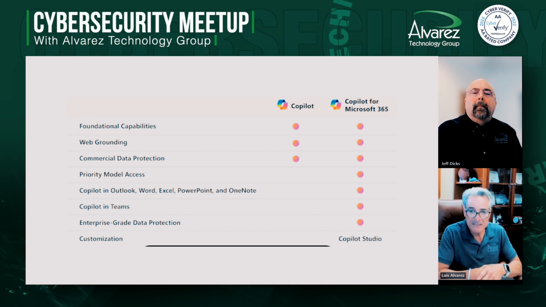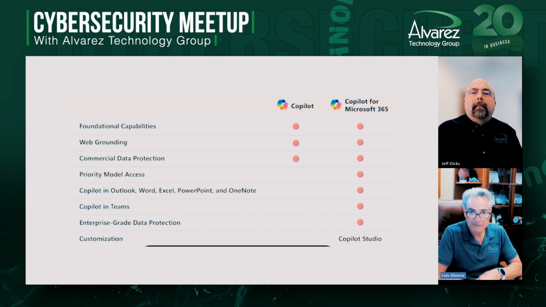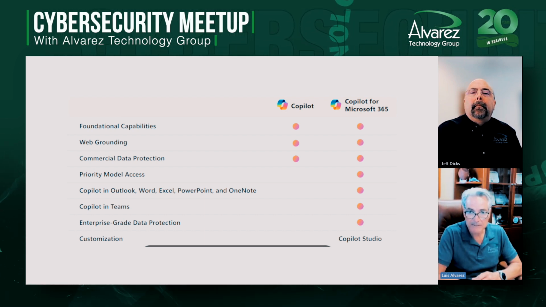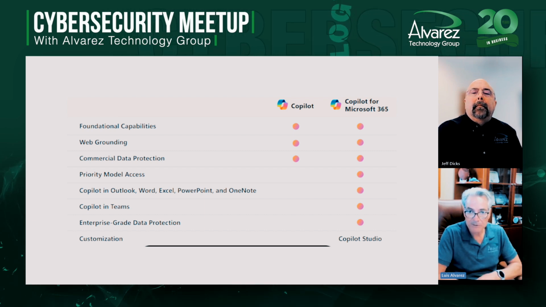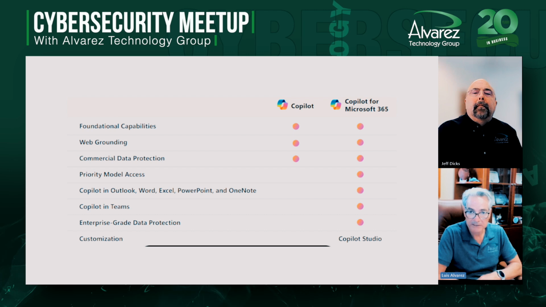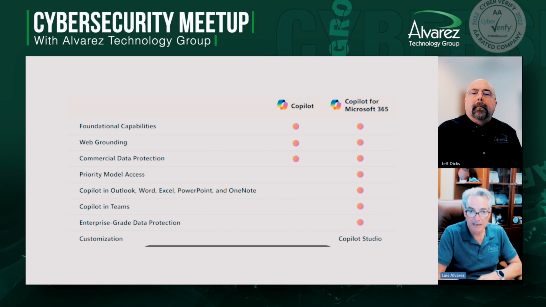This comes before the expected release of ChatGPT 5 sometime later this year. But since the release of the original Copilot, Microsoft has released a version that integrates into your Microsoft 365 suite. This is the suite that includes Outlook and all the desktop apps like Word, Excel, and PowerPoint.